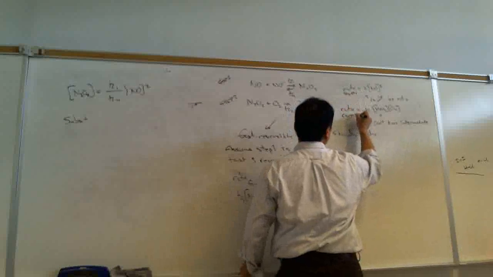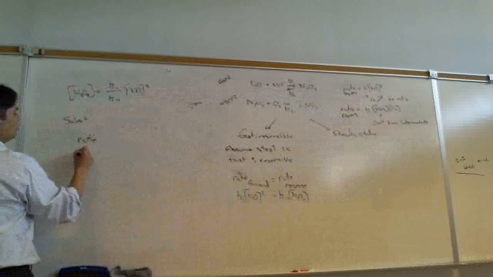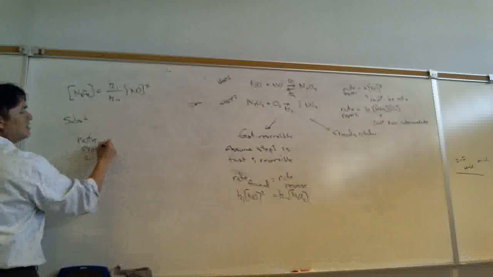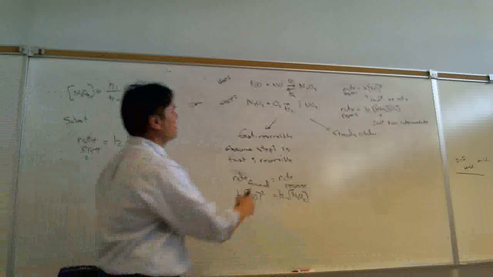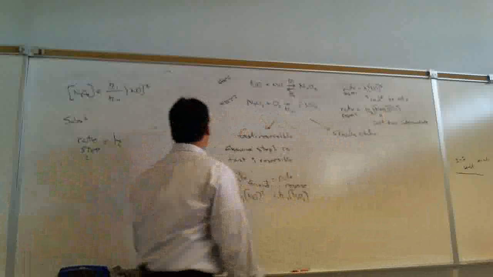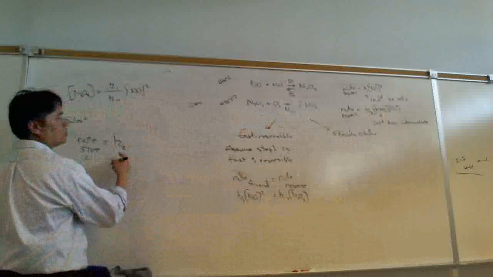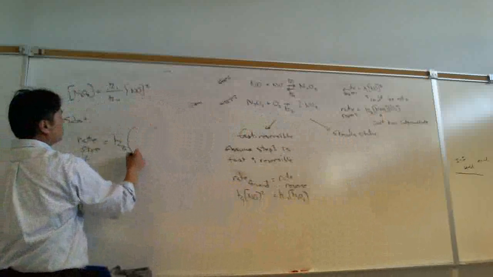We'll go back to step 2 here. The rate for step 2 is equal to k2 times [N2O2]. Well, the N2O2 is just this.